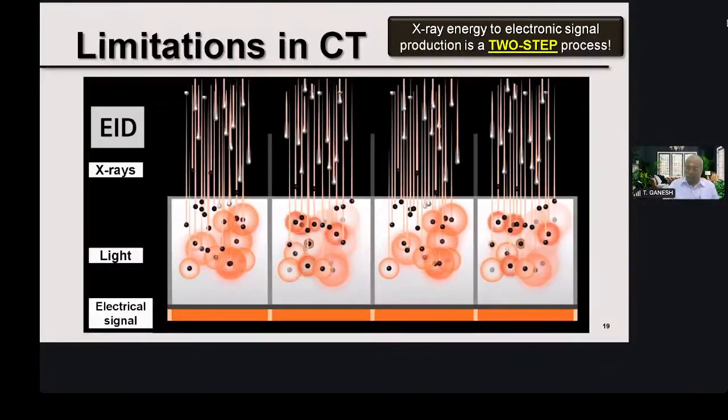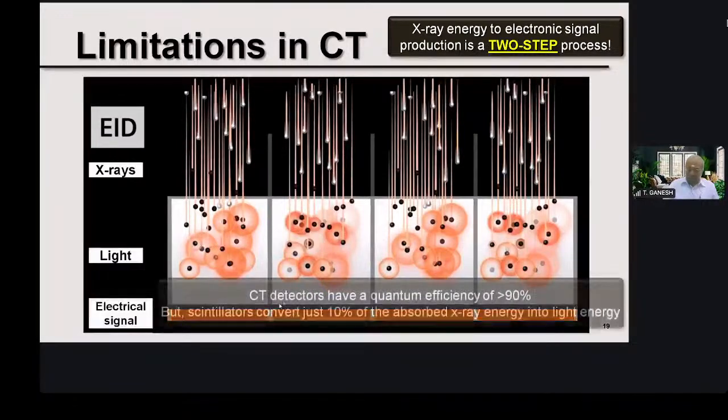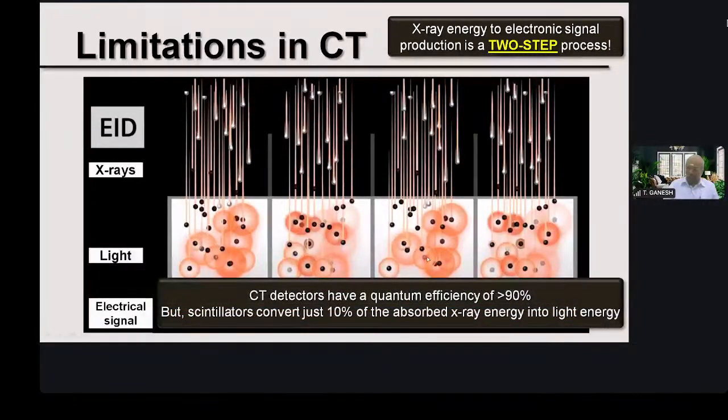What is the problem with this? The problem is that even though the CT detectors have a good quantum efficiency of greater than 90%, the scintillators convert only around 10% of the absorbed X-ray energy into light energy. So the rest of the energy is lost. So the light efficiency is less. That means radiation dose is high.